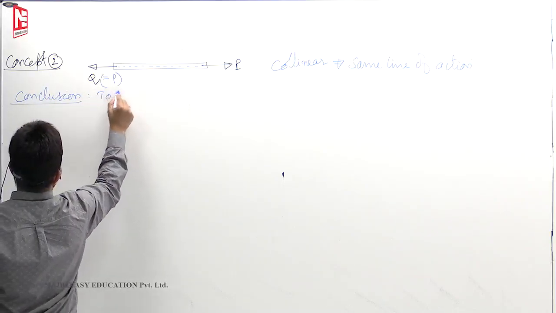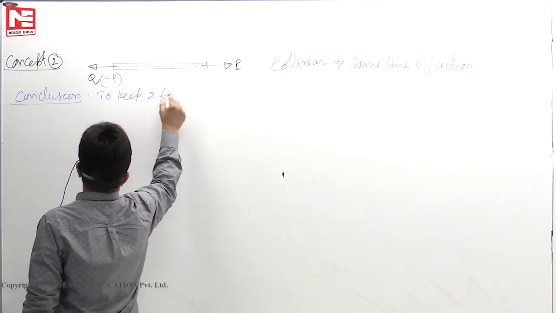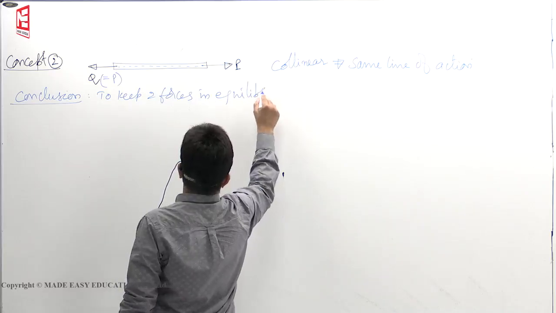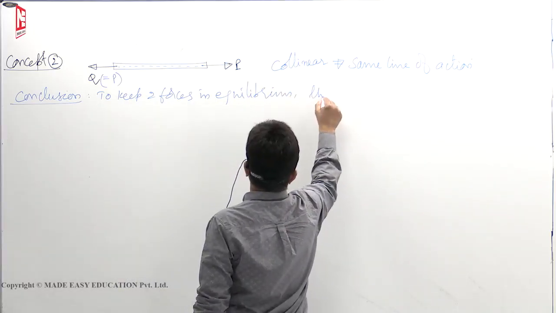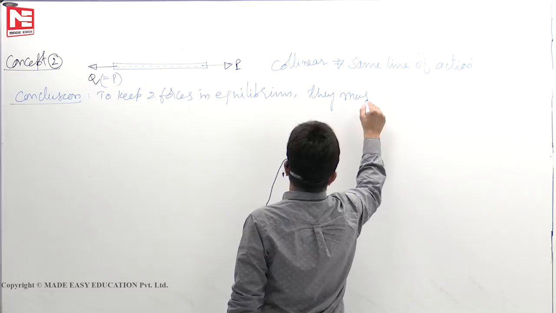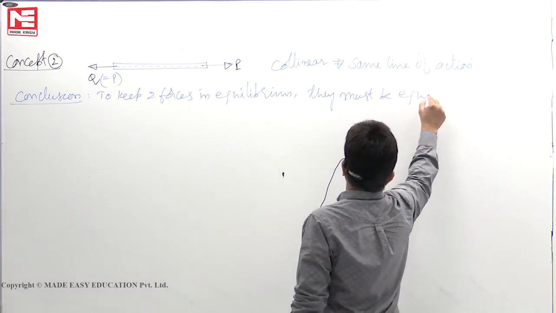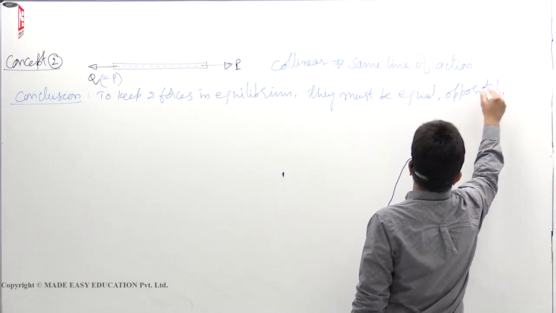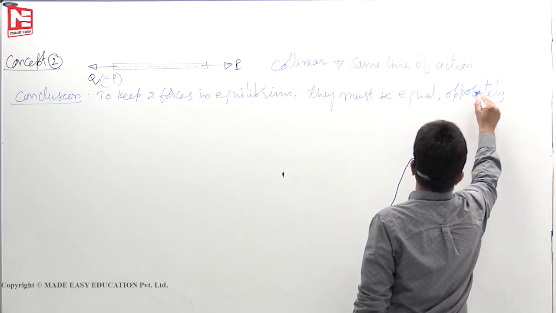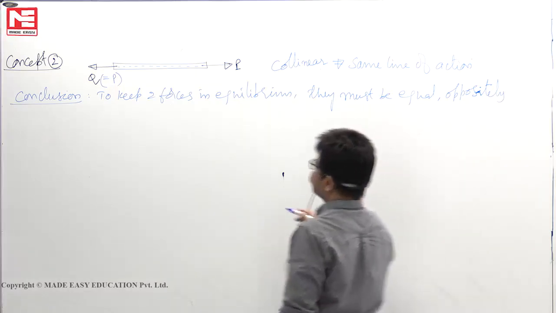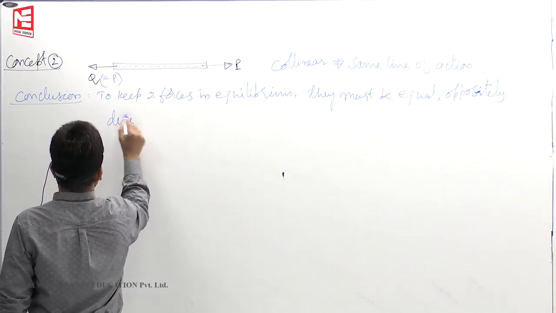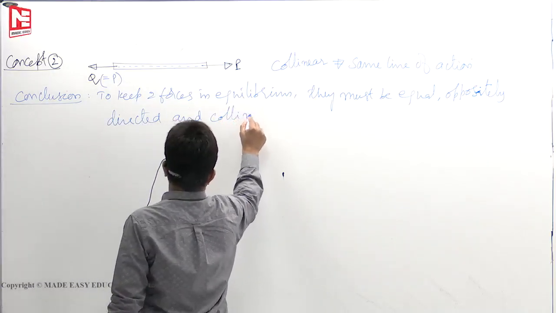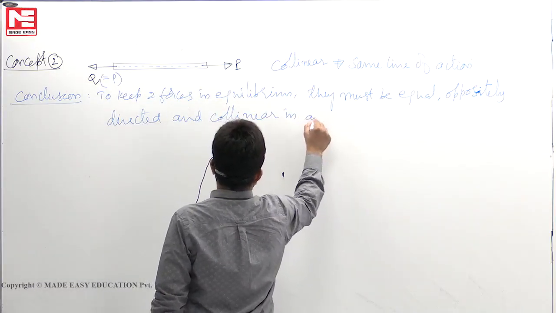Conclusion. To keep two forces in equilibrium, they must be equal, oppositely directed, and collinear in action.